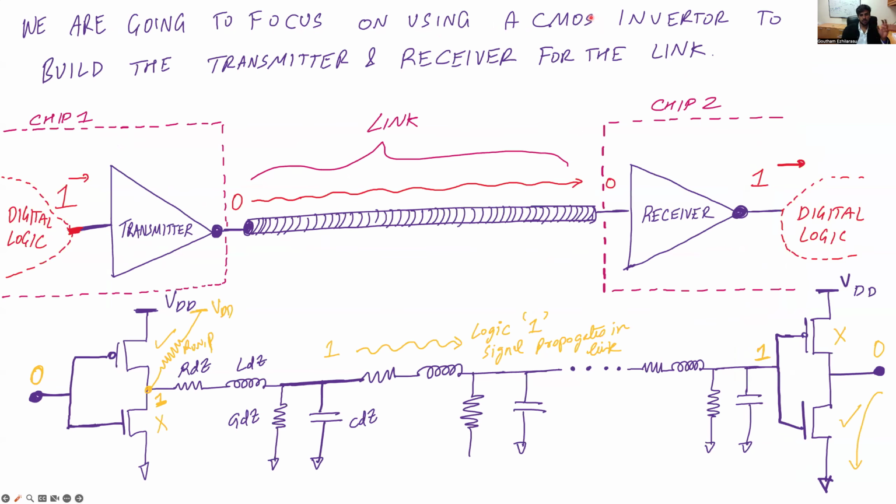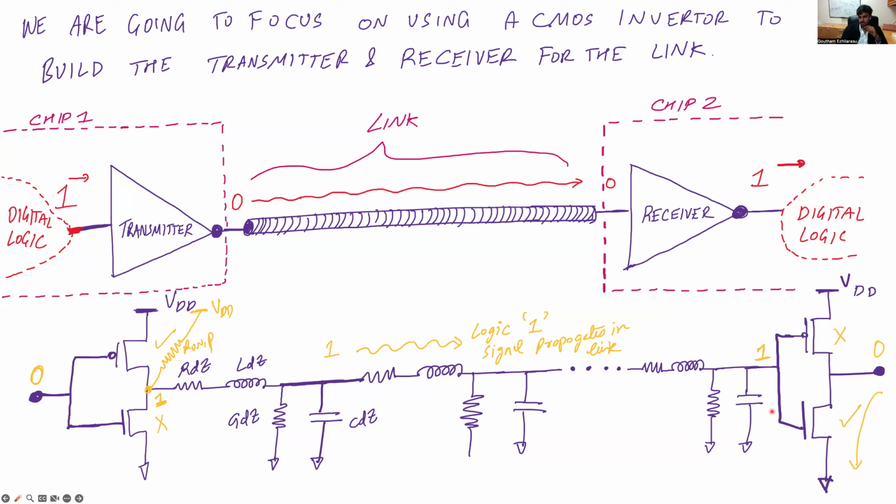So remember now our link here. So this is our link. Now if you look at the equivalent circuit of what the link looks like, especially for the driver itself: we have this long transmission line, and then this long transmission line terminates at the inverter on chip 2. But looking into the input side of the inverter at chip 2, it is just going to be two capacitors in parallel. It's just going to be the parallel combination of the PMOS capacitor and the NMOS capacitor.